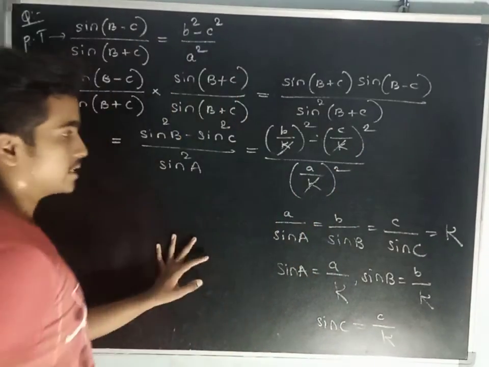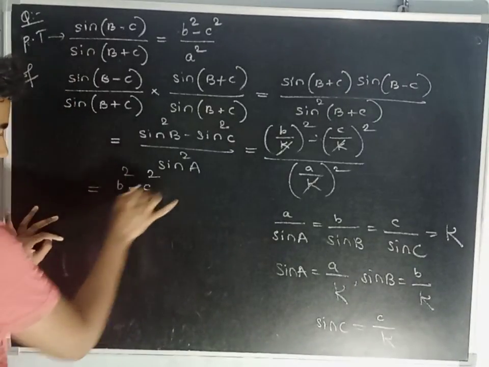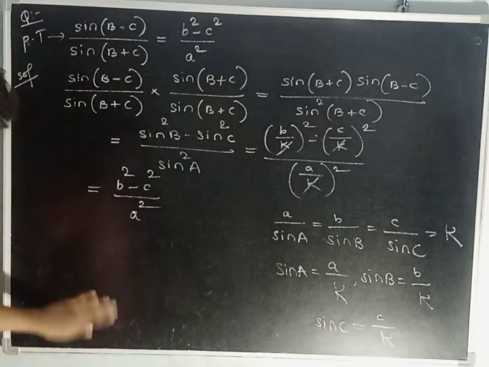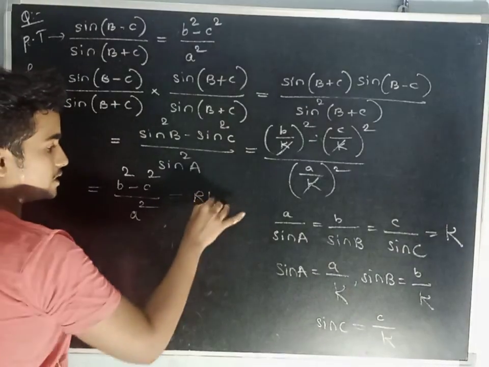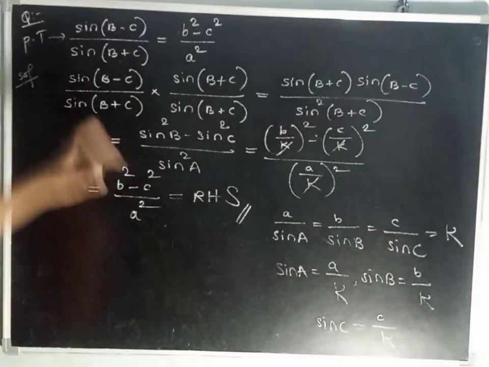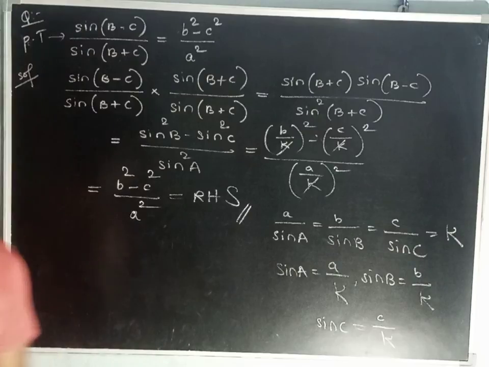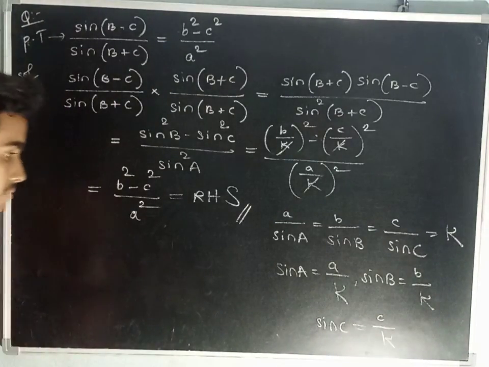Here k gets cancelled, and finally I get (b² - c²)/a², which is nothing but the RHS. This is how we can prove the given relation.